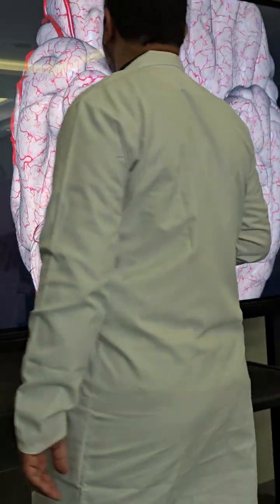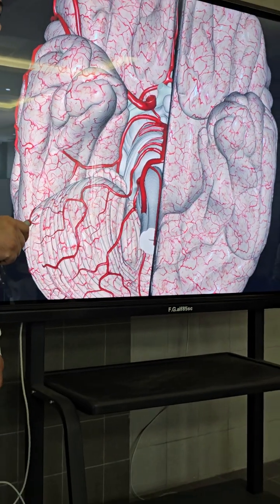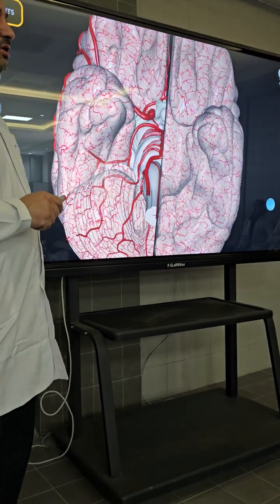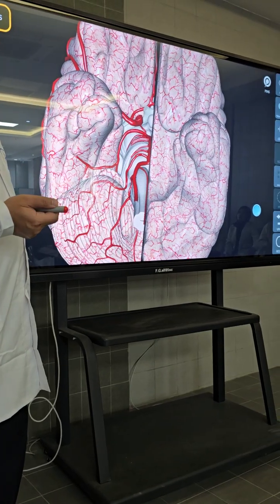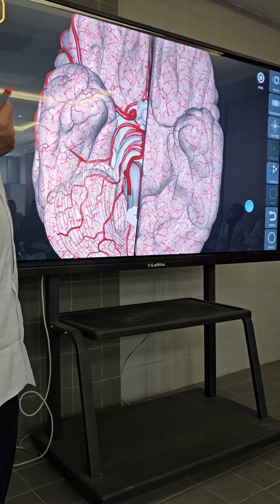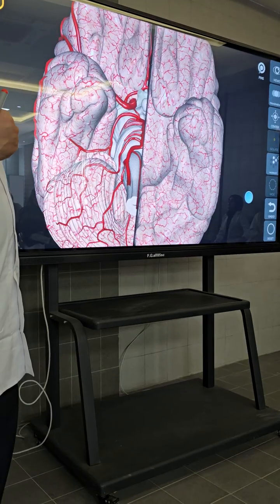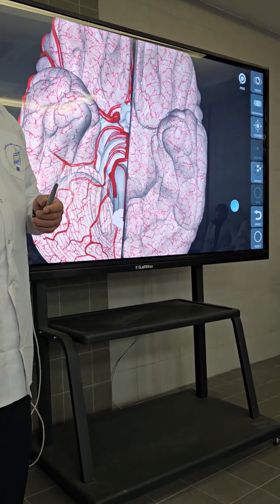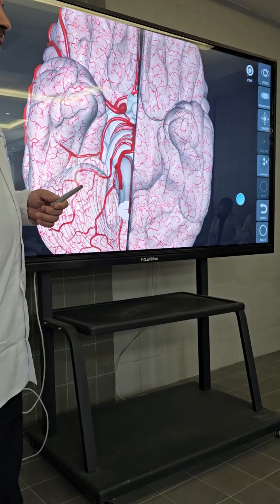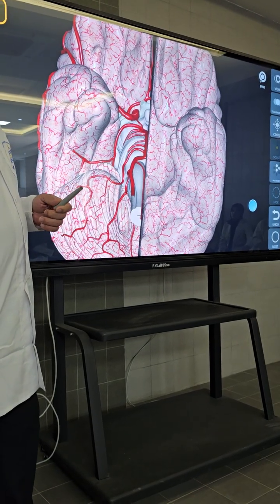You know that the internal carotid artery has four parts: cervical, petrosal, cavernosal, and cerebral. The intracranial or cerebral part of the internal carotid artery has many branches.